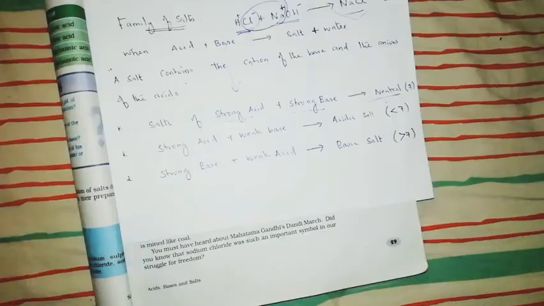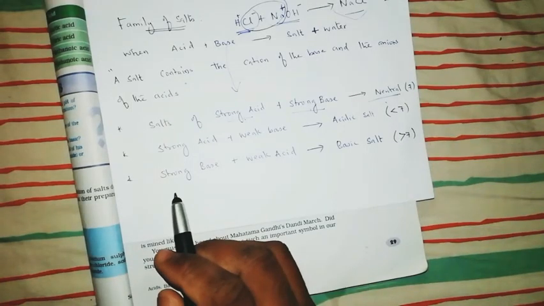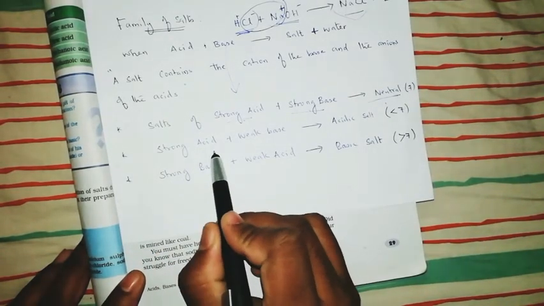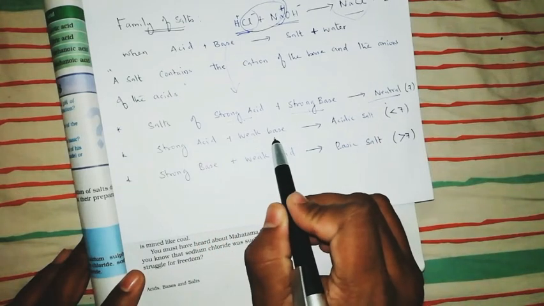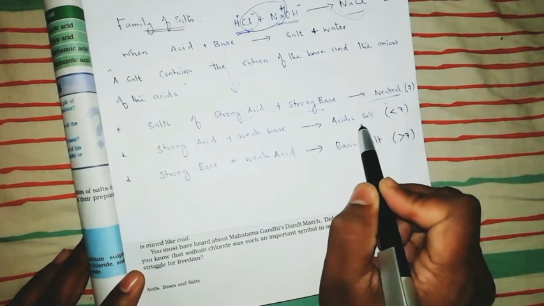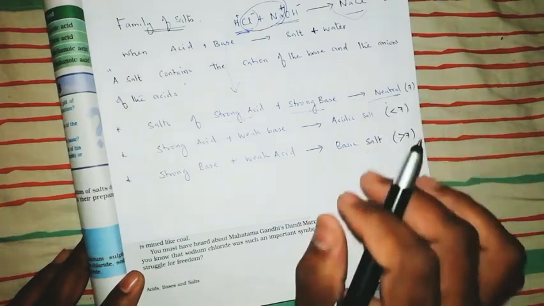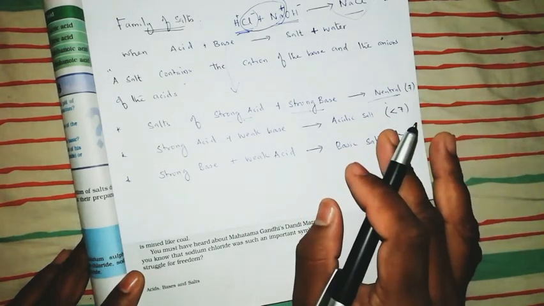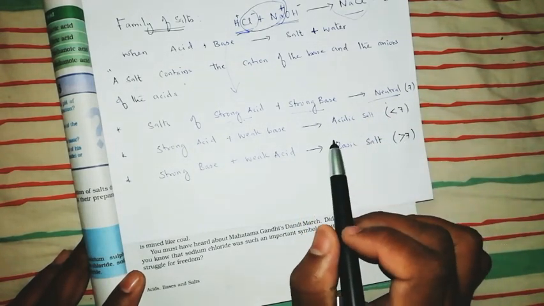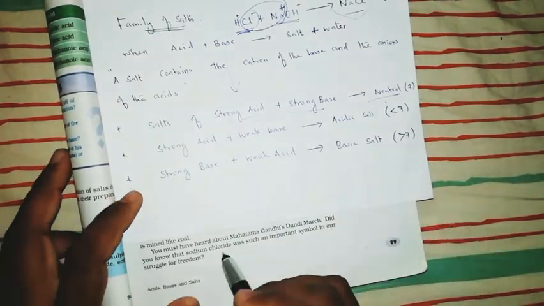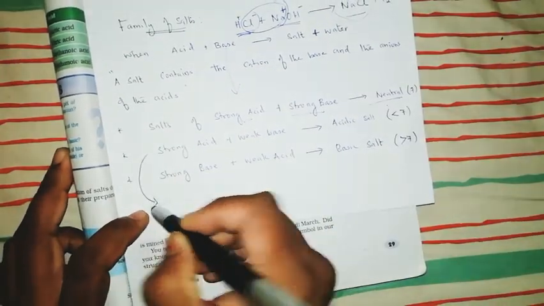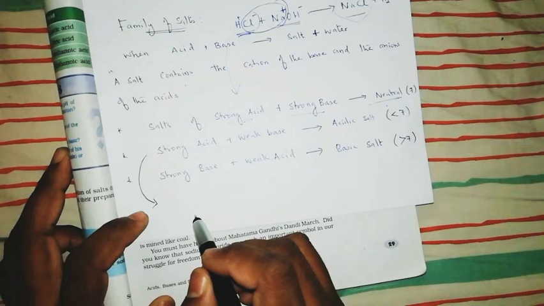Clear? In the other case, you can see the second case. If I take a strong acid but a weak base, then it gives an acidic salt. The salt will be there. It's a salt actually, but the nature of the salt is an acidic salt. Okay, let's try one example for this. So, a strong acid and a weak base.